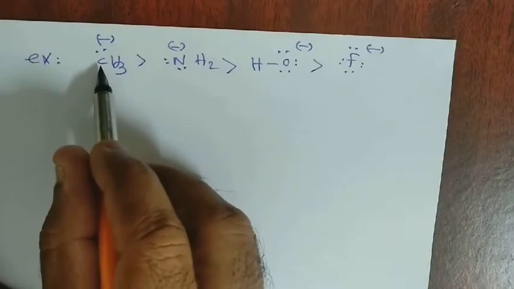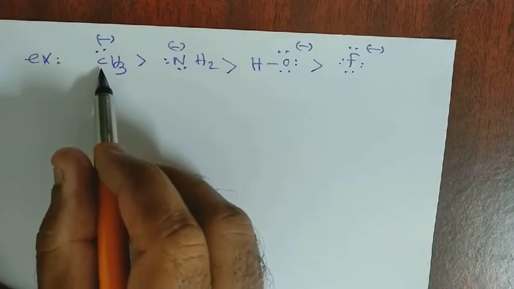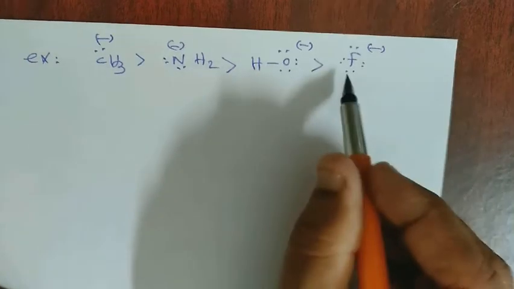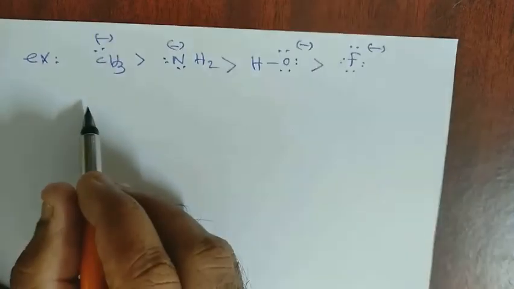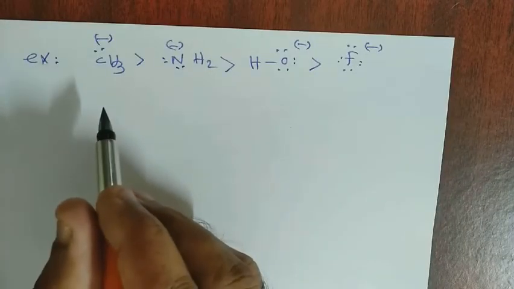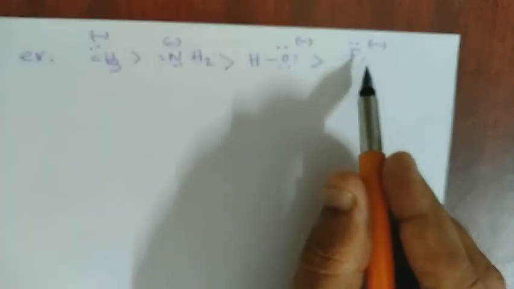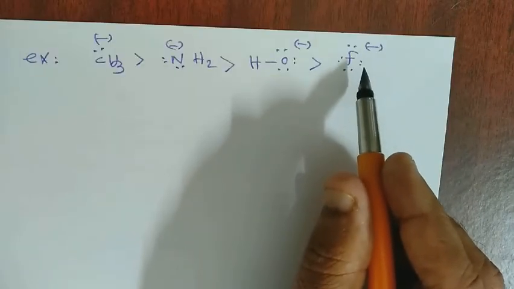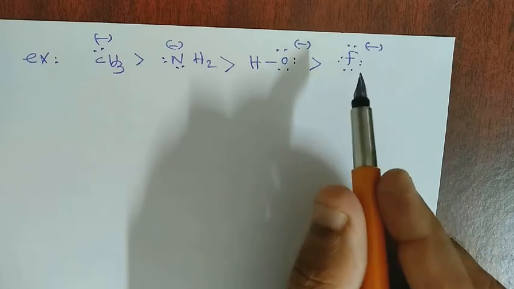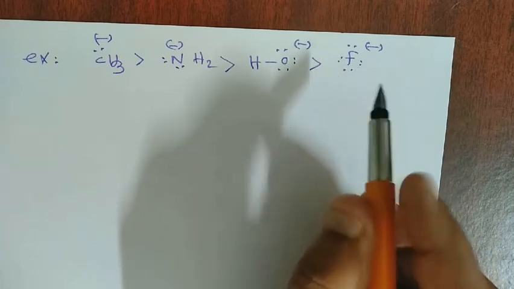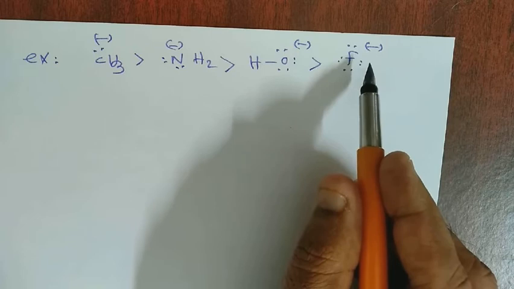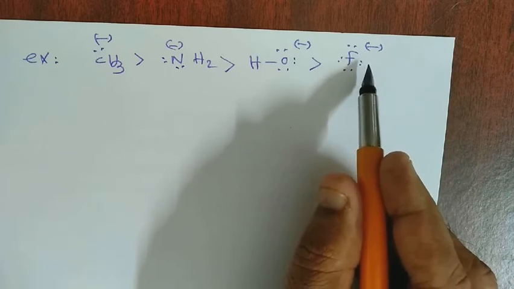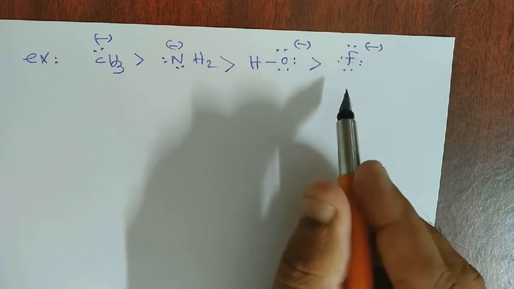Here the nucleus of carbon contains only 6 protons, here 7, here 8, here 9. As the number of protons in the nucleus increases, the valence electrons are more tightly held by the nucleus. Hence, release or donation of electron pair becomes difficult.